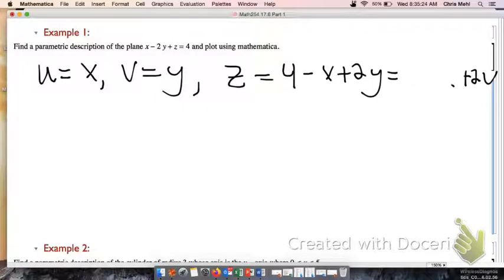And that looks ugly. Let me rewrite that. Maybe I'll write it below this time. You're going to get 4 minus u plus 2v. Okay. Now when you do the Mathematica code, I'll do this at the bottom.